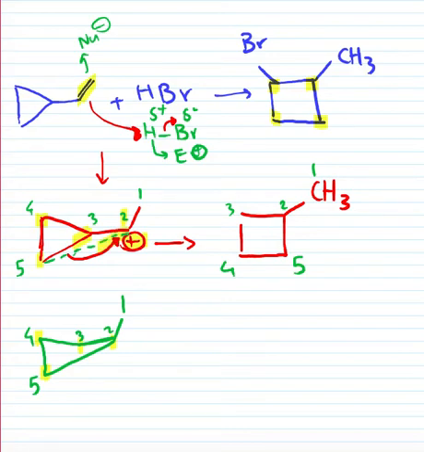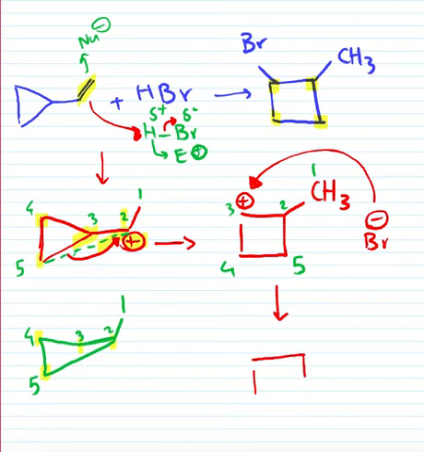It has a bond now. But we broke this bond between carbon number 3 and 5. So the positive charge is now going to be on carbon number 3. And last step, bromide ion around, good nucleophile, we have an electrophile. So a very simple attack is going to give us our final product.